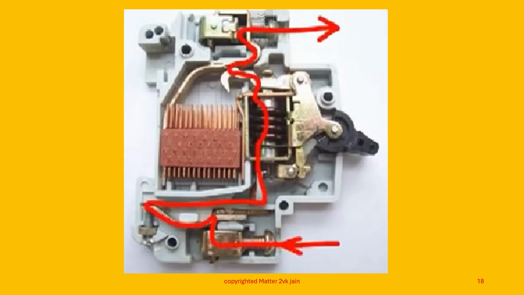When the circuit is interrupted at 7 times the full load current, a heavy arc is created. For quenching that arc, we have the device here, which has a very long route of travel, which breaks the circuit.